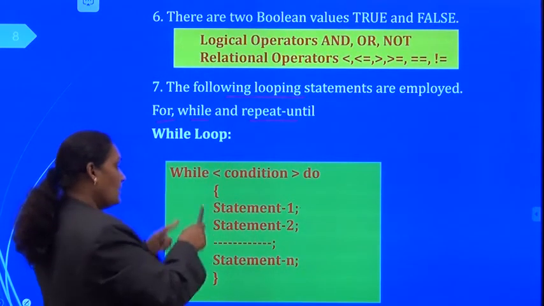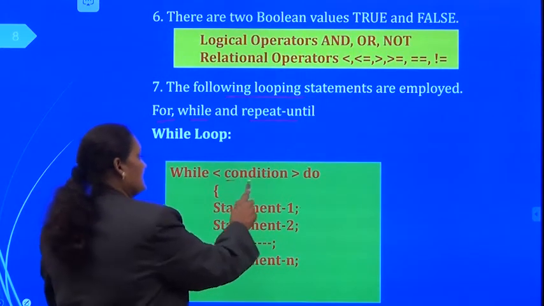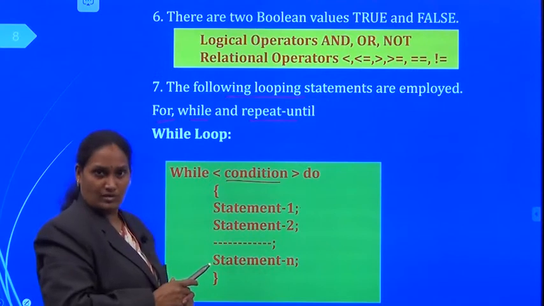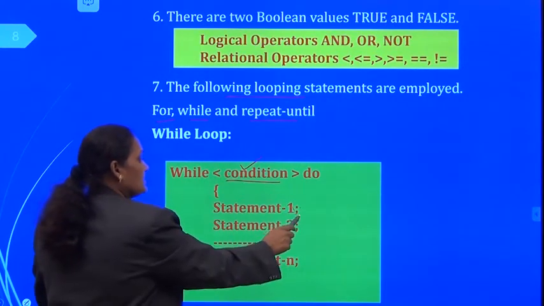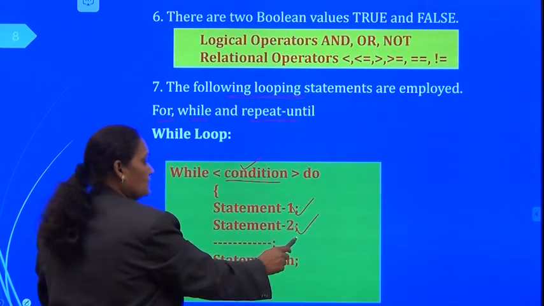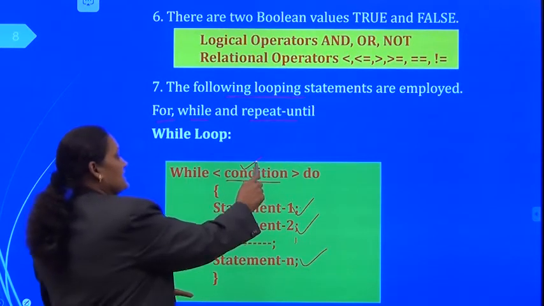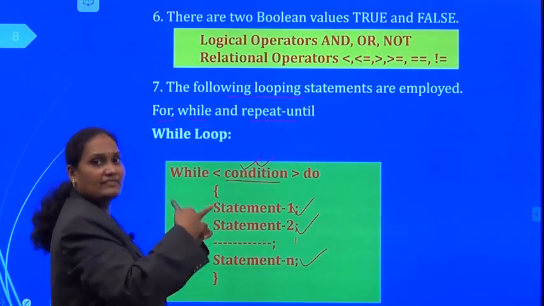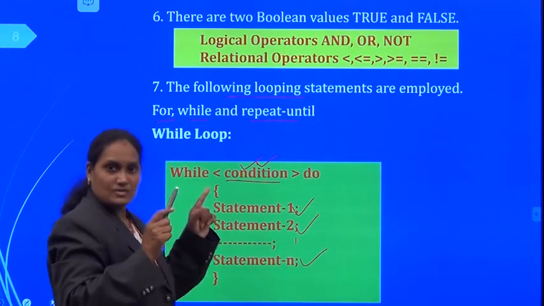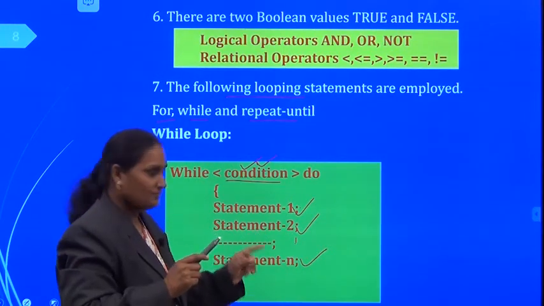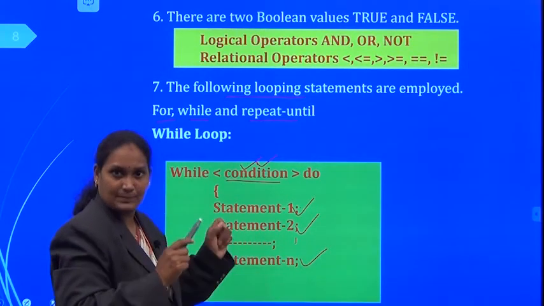So how is this while loop executed? First it checks the condition, whether it is true or false. If the condition is true, it goes for executing statement 1, statement 2 and so on, statement n. Again it goes for checking the condition. Again if it is true, the statements are executed. That is, as long as the condition is true, the statements 1 to n are executed repeatedly.